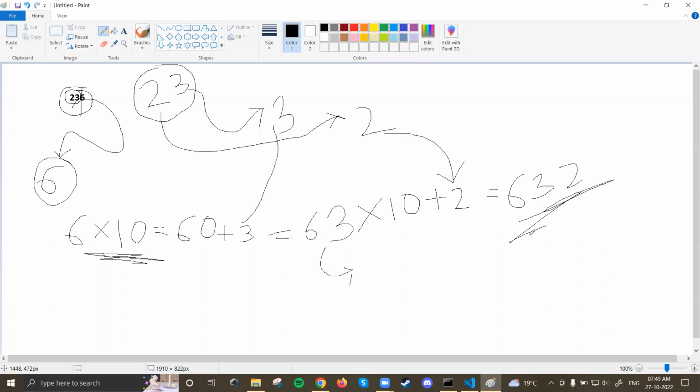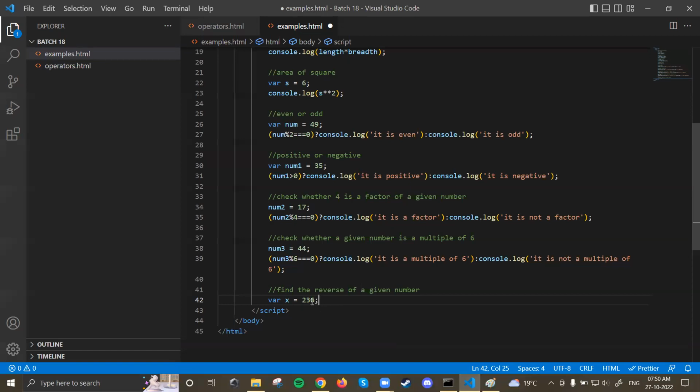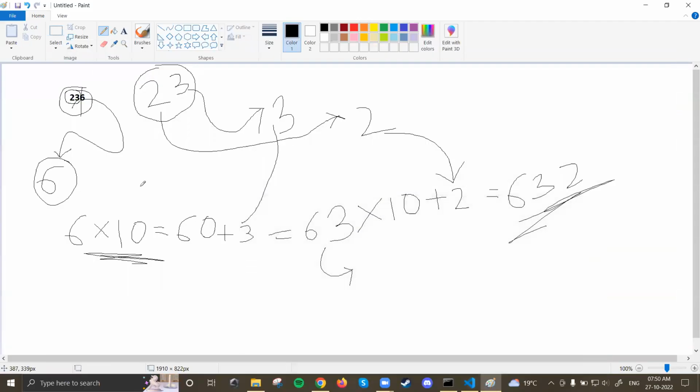So let me try to use the same logic, but we'll do it in JavaScript. I will not close this window. We'll check it from here and write the code. Let's say we have the number where x equal to 236. What was the first step we did?